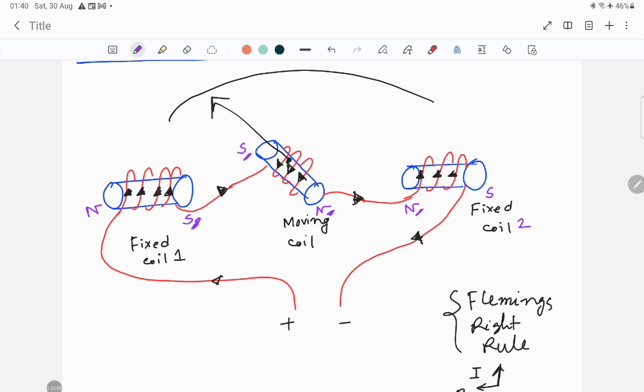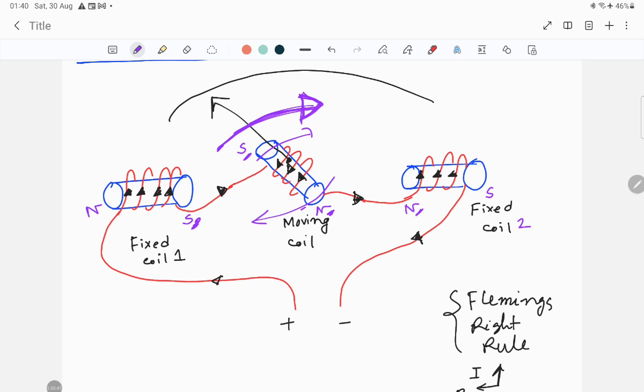This south pole will try to push the force in this direction, and this north pole will try to oppose this north pole in this direction. So what will be the ultimate movement of this pointer? Definitely, as the moving coil is moving in this direction, the pointer will rotate in this particular direction. Okay, that's the first case.